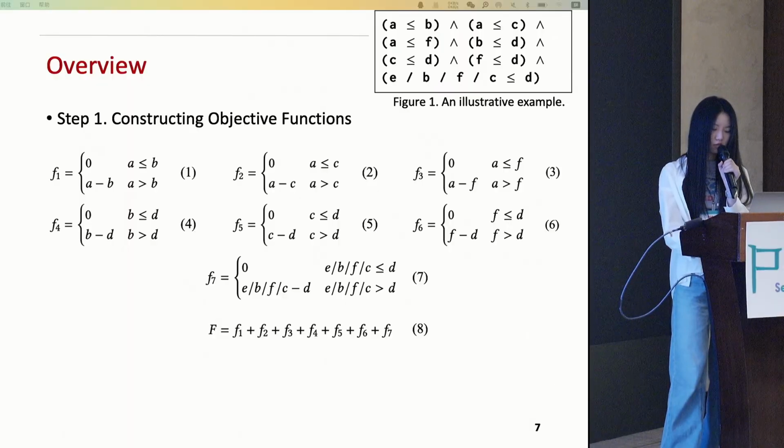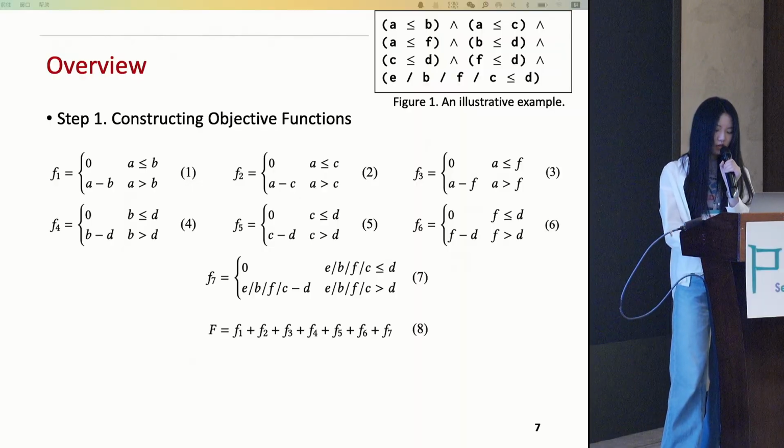For the second to the last clause, their objective functions are presented in equations 2 to 7, and the objective function for the entire constraint based on those individual functions for each clause is shown in equation 8. It requires the 7 clauses to be satisfied at the same time when the entire constraint is satisfied. The capital F returns 0 if and only if all 7 individual functions evaluate to 0.